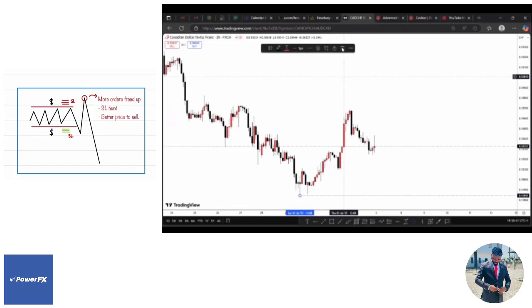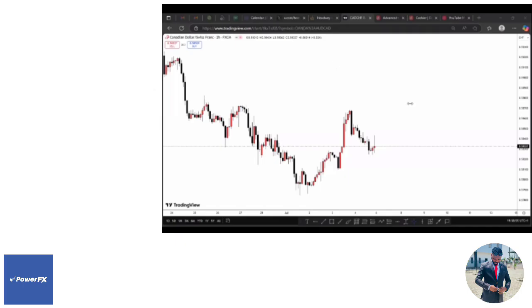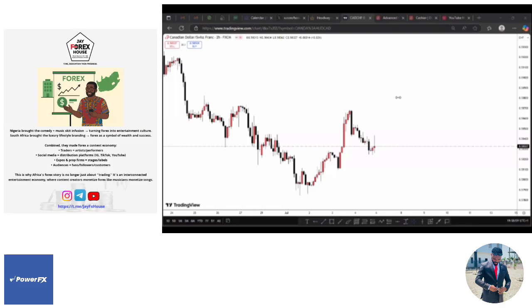So liquidities in the Forex market, in layman's terms, are money just hanging around a certain area, waiting for price to come and fill it. It's just like going to the supermarket. You get one or two things from there, and you are waiting for your change.